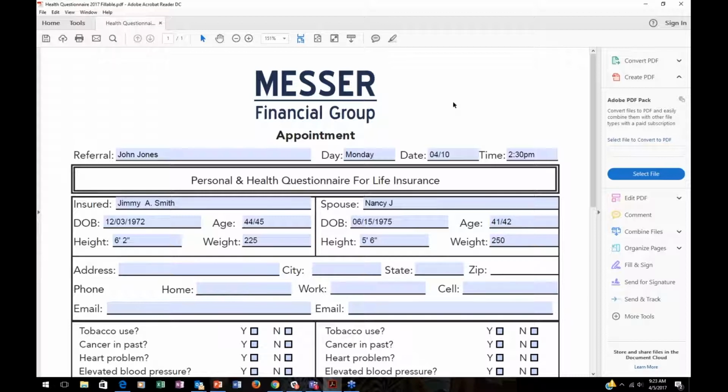Not specifically today, but next week, we're going to do a first and perhaps a second class on underwriting. During that class we're going to use the guidelines that we're going to provide to you, again in a proprietary fashion, just as we have provided to you today this health insurance questionnaire.